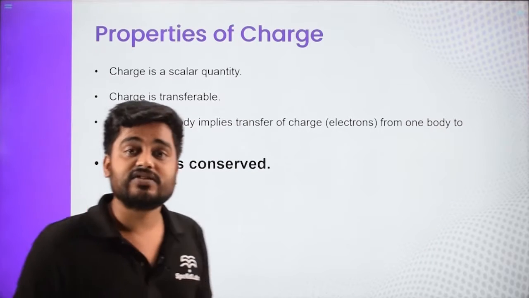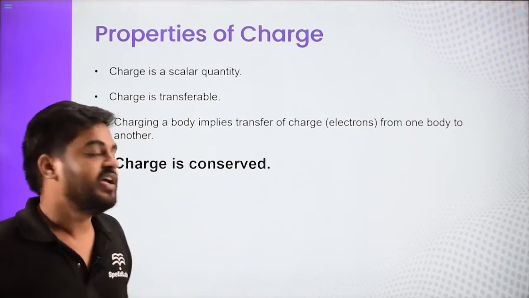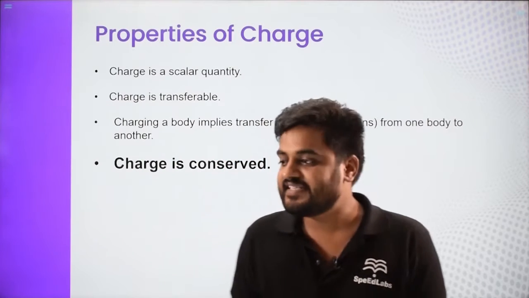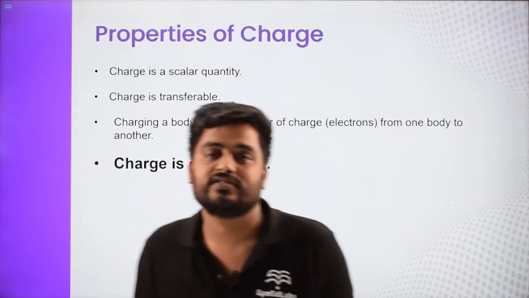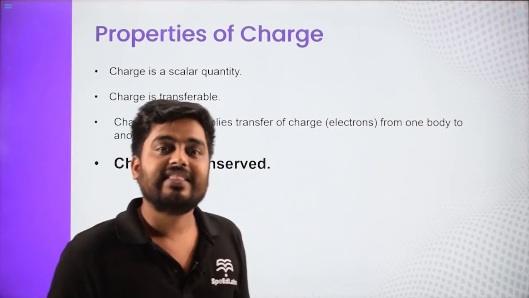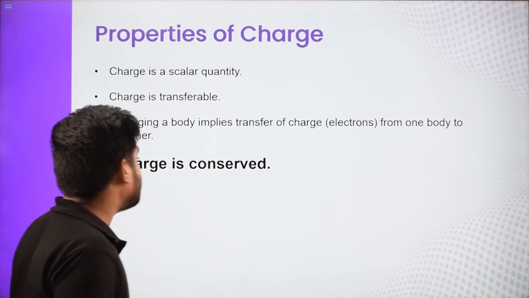What does it mean that charge is conserved? It means the total charge can never be destroyed and can never be created. Charge is found on electrons. Electrons and protons are the original source of charge, and these are fundamental particles which cannot be destroyed at all.